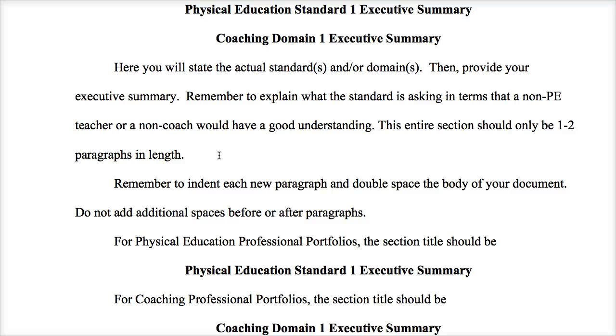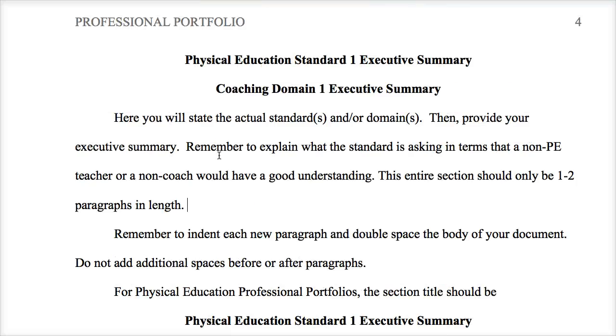Quote it, cite it. Then provide a summary of what it means. Again, I've said this a few times now. Use language that a non-PE teacher, non-coach would understand. Provide a 1-2 paragraph description of what that standard or domain means.